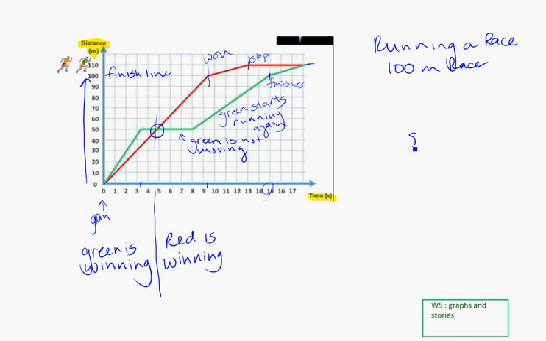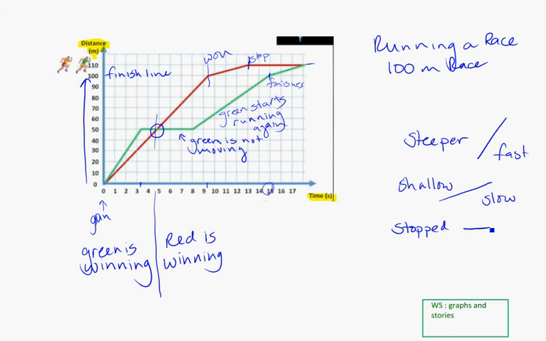So his distance time graph gives you a few keys here. A steeper line is fast, and a shallow line, like so, is slow. And a horizontal line, I'll put that here, stopped. You're not moving if you have a flat line.